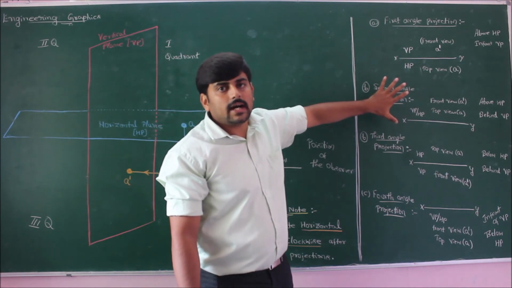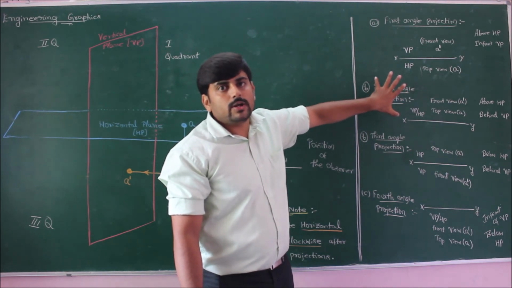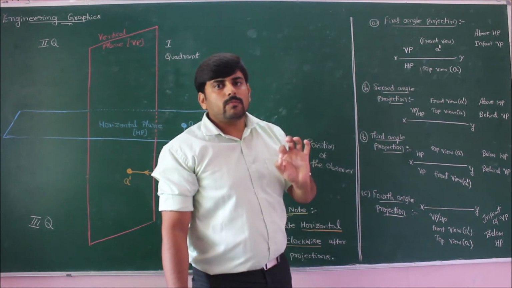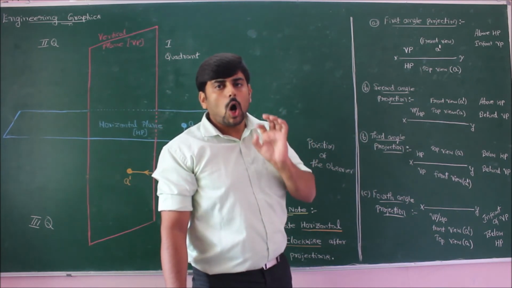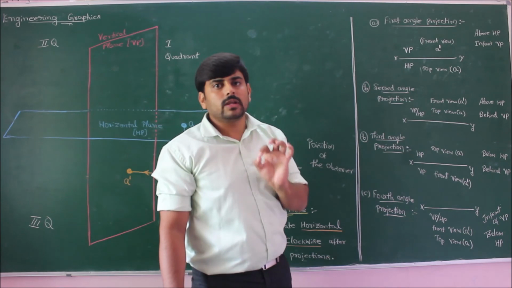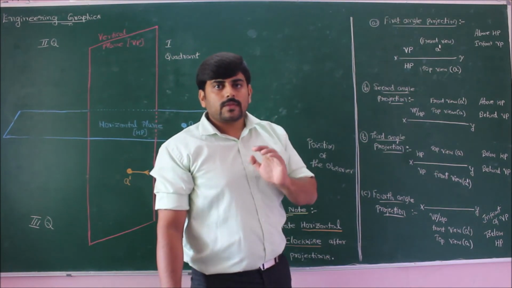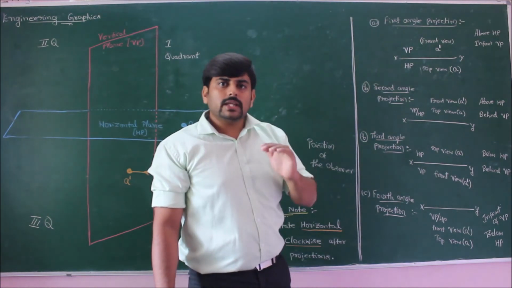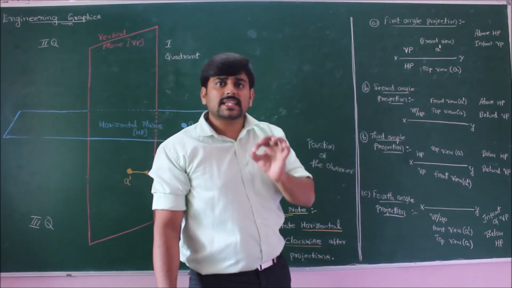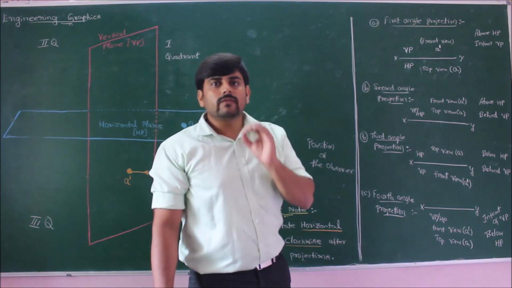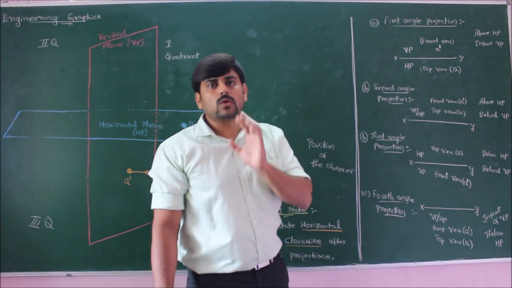Then you will get an idea where to plot the front view and where to plot the top view. Always in the vertical plane we will plot the front view. Always in the horizontal plane we will plot the top view. Also, in the vertical plane we will show the distance with respect to the horizontal plane. In the horizontal plane we will show the distance with respect to the vertical plane.